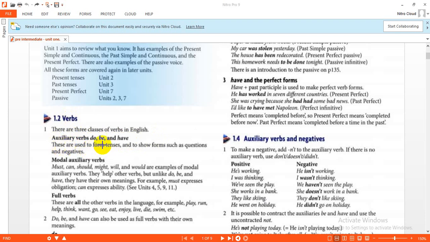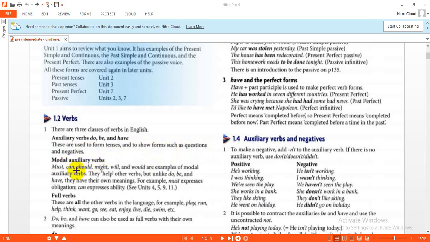These are used to form tenses and to show forms such as question and negative. هذه الأفعال لتشكيل الأزمنة ولإظهار أشكال مثل الأسئلة والنفي.